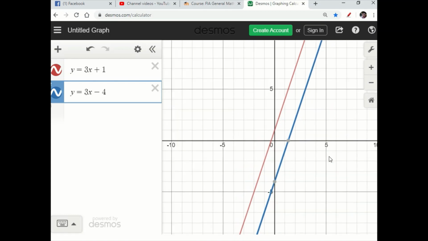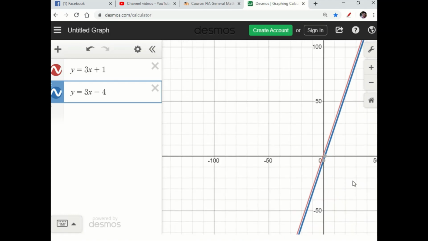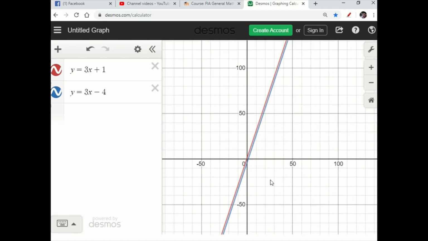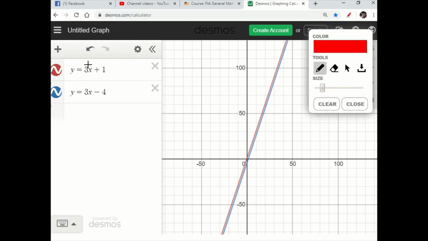Therefore, if we extend the lines, we can see these two lines will never meet. They will never intersect. So for this situation, we say these two lines are parallel. Please take note that for parallel lines, the two slopes are equal. M red is equal to M blue, the slope of the red line is equal to the slope of the blue line.